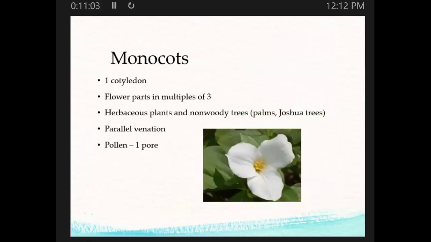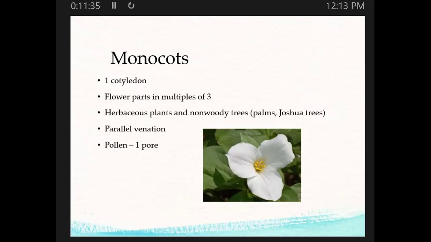Monocots, compared to that, have one cotyledon. Usually the flower parts are in multiples of 3. Look for that pattern. Again, the easiest way is to look at the flower petals, although sometimes, depending on the flower design, that can get a little confusing. Monocots include a lot of herbaceous plants and some non-woody trees, like some palm trees and Joshua trees, which don't have true wood in their stem or trunk.